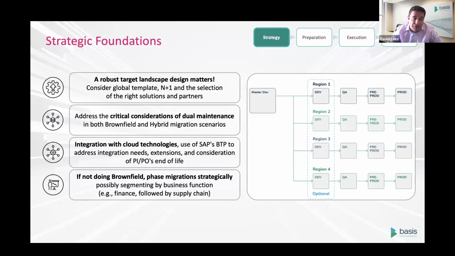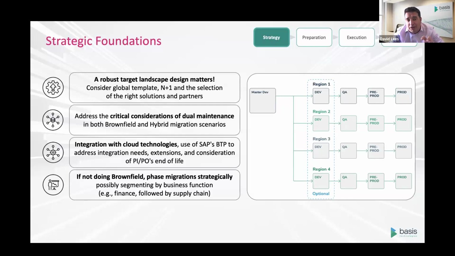In some cases, if you want to go into S/4HANA public cloud, for example, greenfield is your only option. If you want to keep your landscape looking exactly like it is today, then brownfield would likely be the way to go.